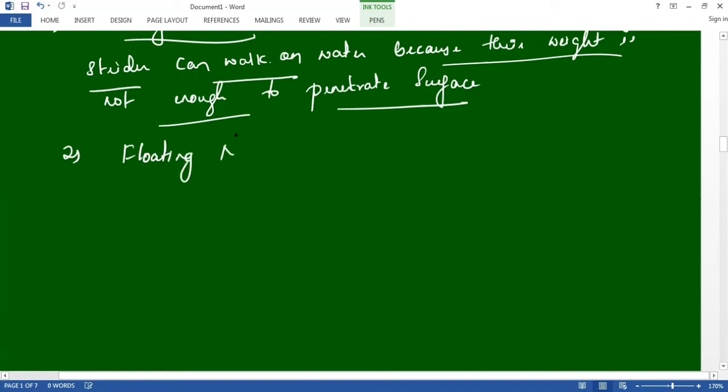Floating needle. Okay. If carefully placed on a surface, a small needle can be made to float on the surface of water, even though it is several times denser than water, because of the surface tension of the water. If the surface is agitated to break the surface tension, then the needle will quickly sink.